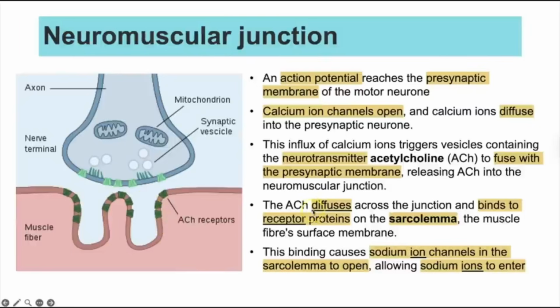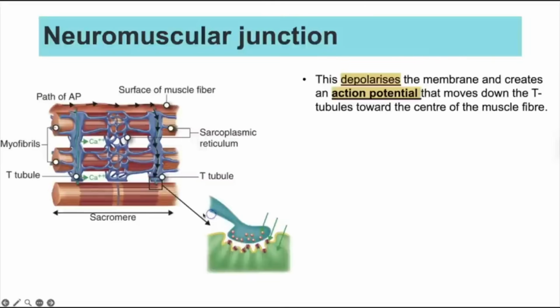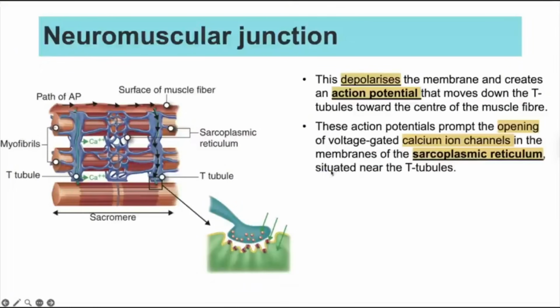So it's pretty much identical, except we've got not a postsynaptic neuron, we've got a muscle fibre, so the receptors are on the sarcolemma, and it's always going to be acetylcholine as the neurotransmitter. That depolarizes the membrane of the muscle fibre and creates an action potential in that muscle that moves along these T-tubules towards the center of the muscle fibre.